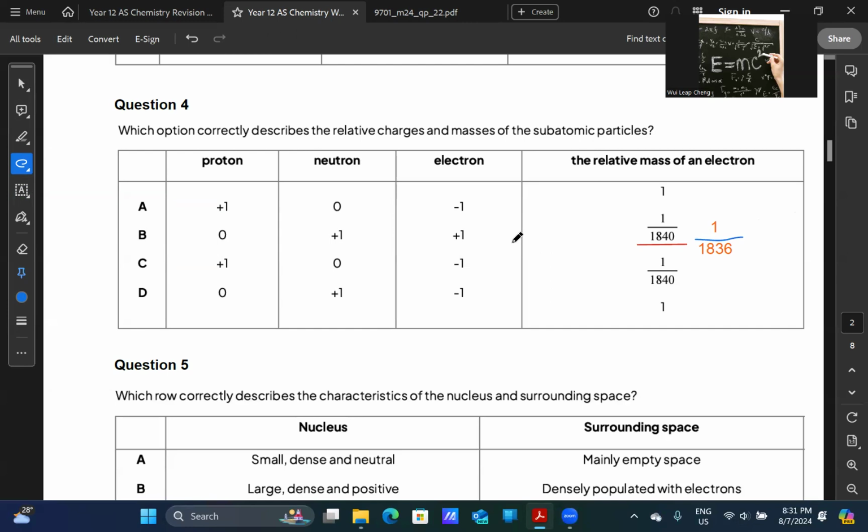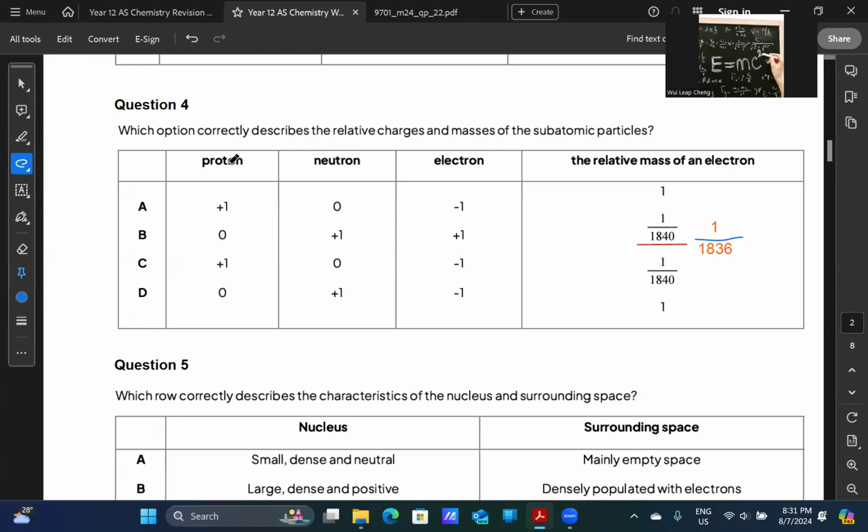Instead of 1 out of 1,840, actually, both will be accepted. The difference between these two numbers is the degree of accuracy. 1 out of 1,836, the value is more accurate. Now, we'll go through quickly.